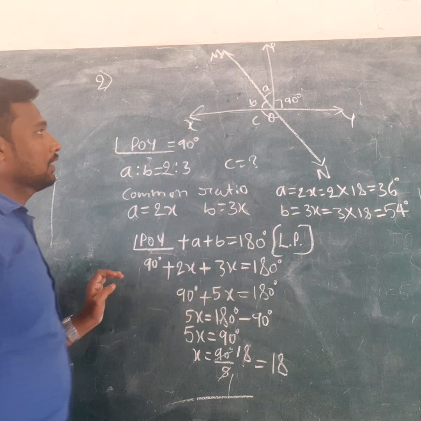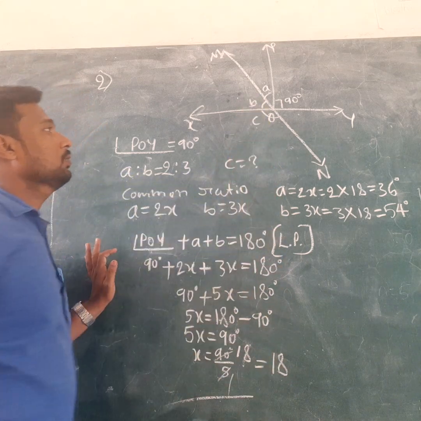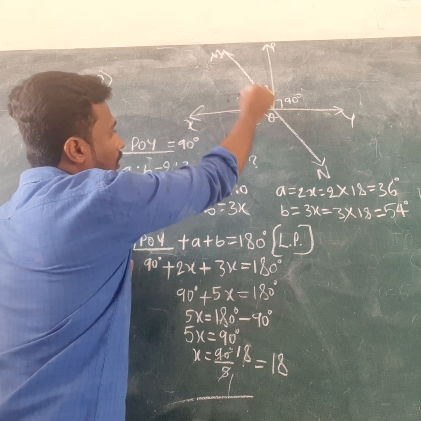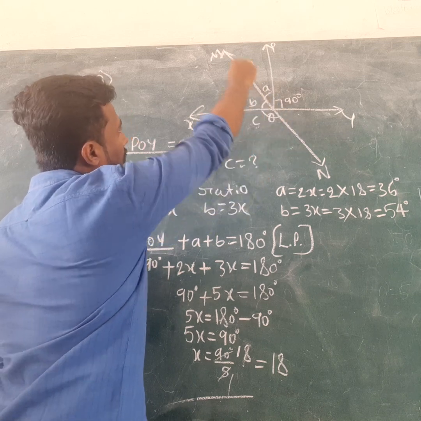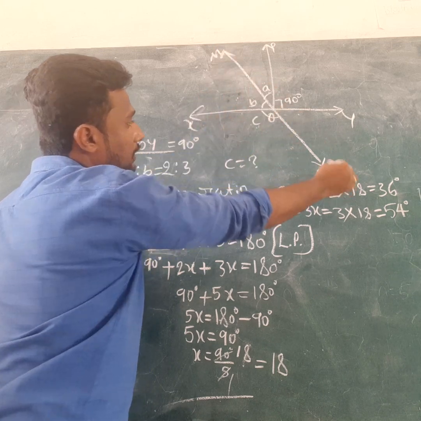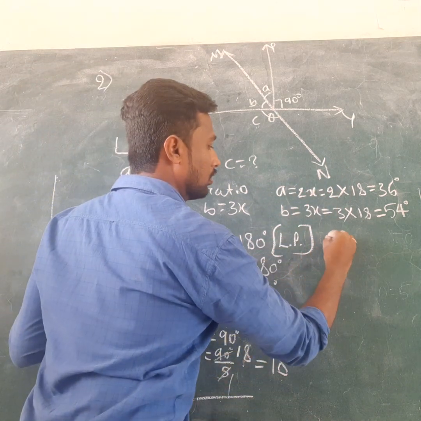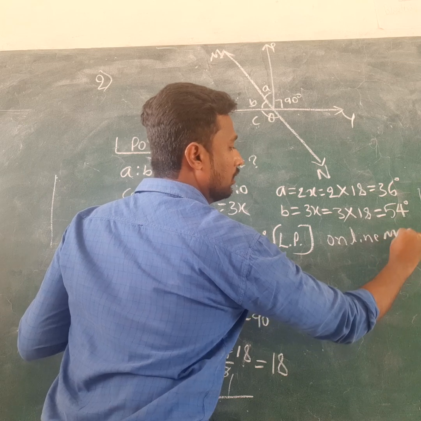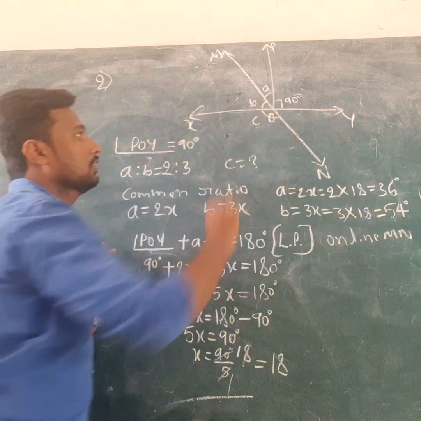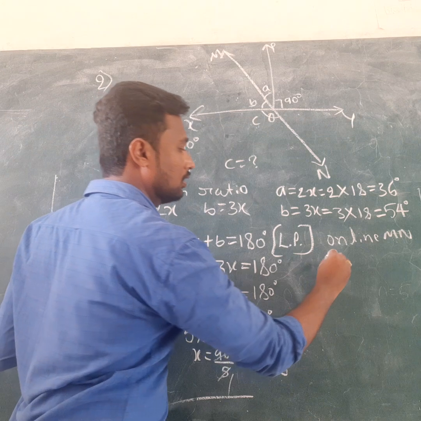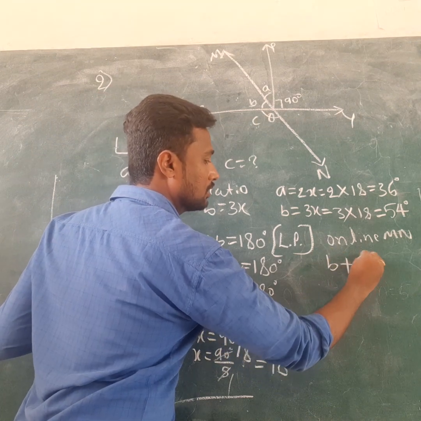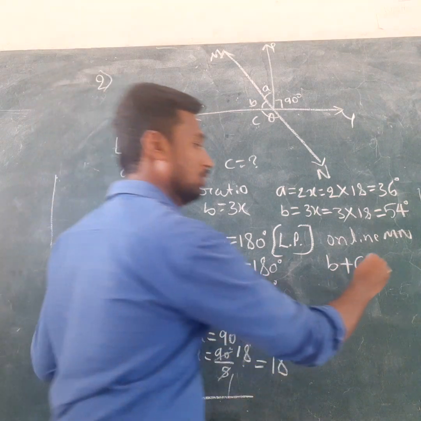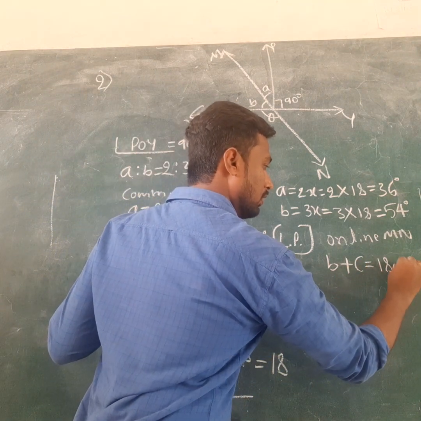Now I will calculate angle C. How? I got the value of angle B, and angle B and angle C are on the straight line MN. So on the line MN, these are the two angles. What are those? Angle B plus angle C. What will be the total? 180 degrees.